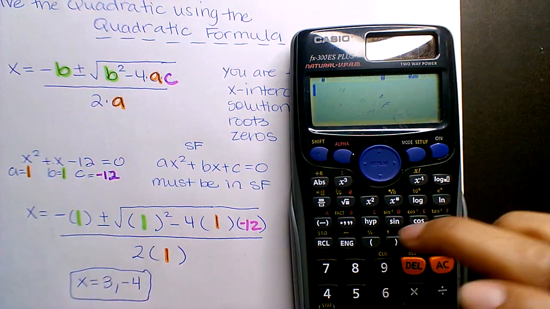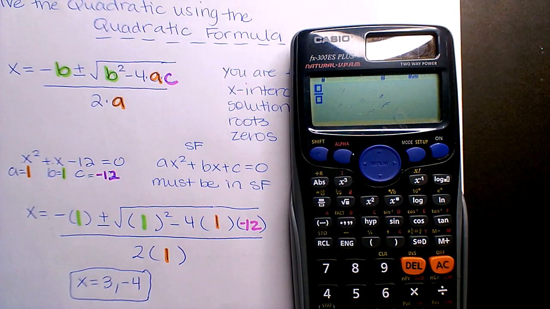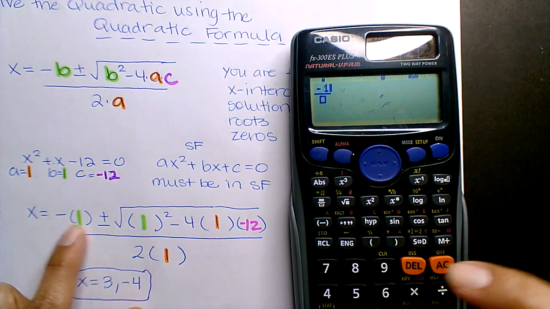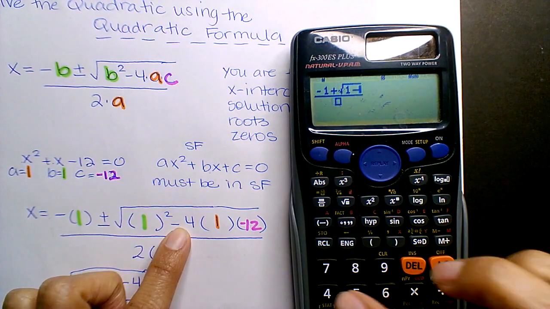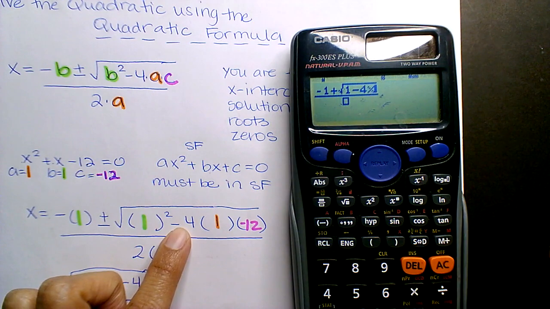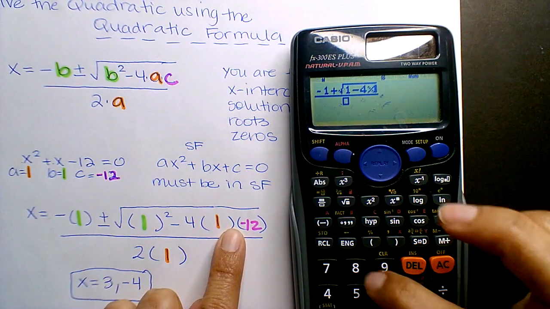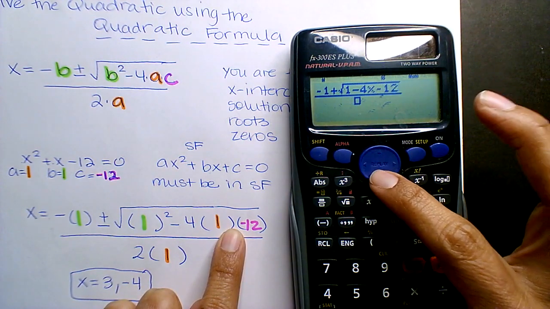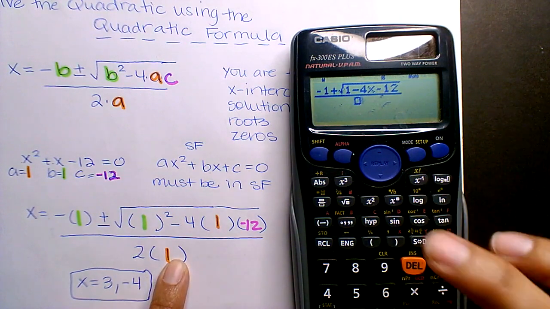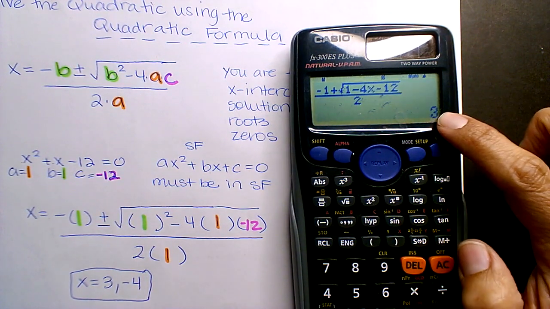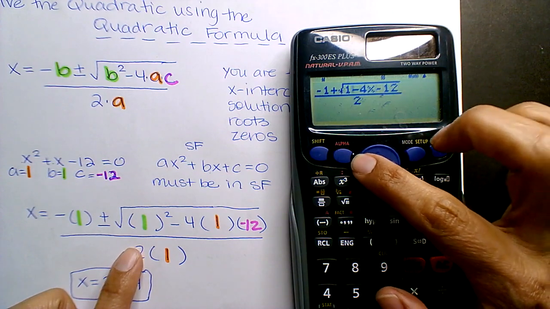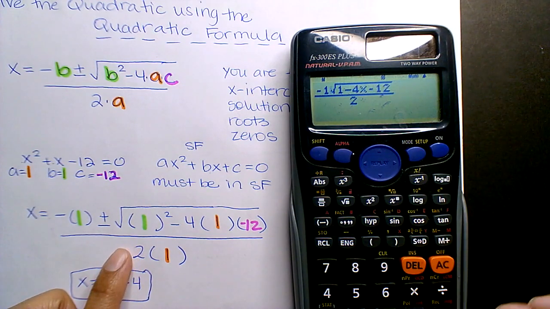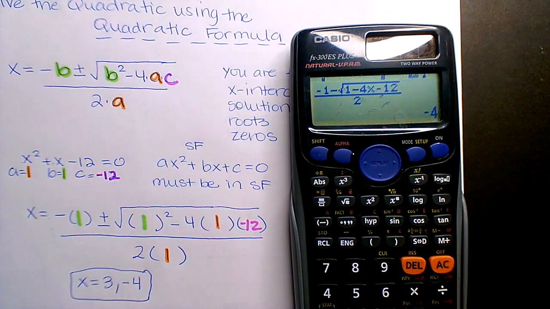If you started skipping steps and you think you kind of know what you're doing, if I were to redo it, I would go: that's negative 1 plus radical, 1 squared is 1, minus 4 times 1 times negative 12 is negative 12. 2a, that's a 2, hit equal, there's my 3. So you can skip steps and do some arithmetic in your head, and there's my negative 4.